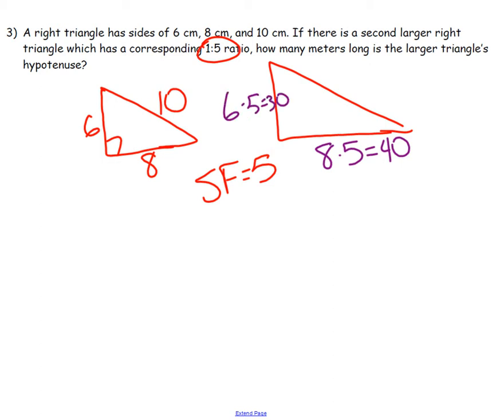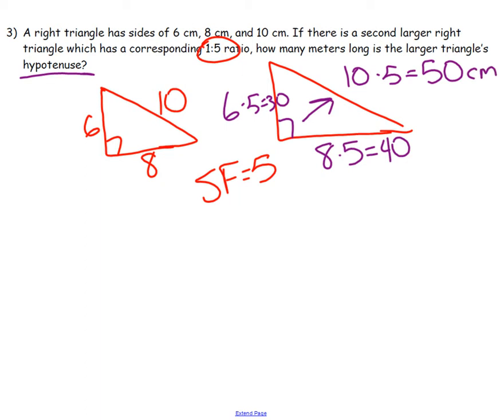And the side we really care about, 10 times 5 is 50. Since all it wants to know is the hypotenuse, which is the side opposite the right angle, the long side, C, this is 50 centimeters.